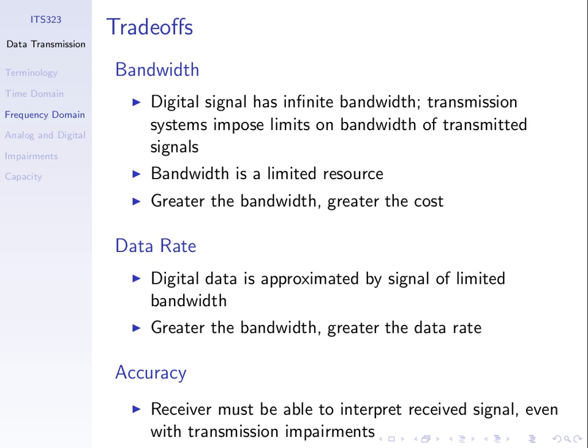We want to maximize the data rate. If we increase the bandwidth, we get higher data rate, but of course, we get increased cost. And we want to maximize the accuracy or minimize errors. And that's to do with the shape of the signal. And again, we have a trade-off between those three factors.